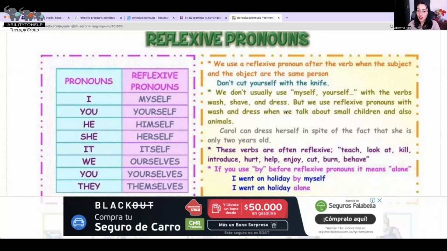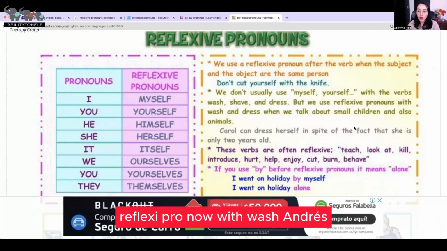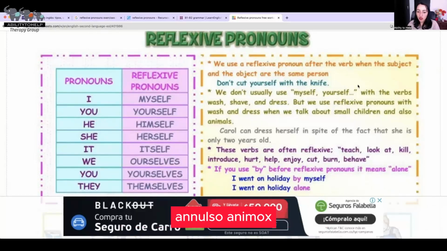We don't usually use myself, yourself with the verbs wash, shave, and dress, but we use reflexive pronouns with wash and dress when we talk about small children and also animals.